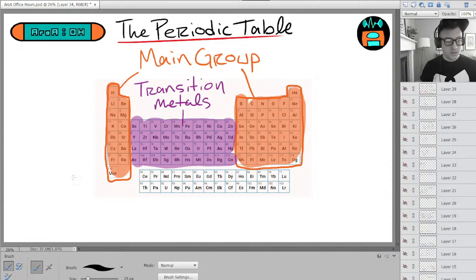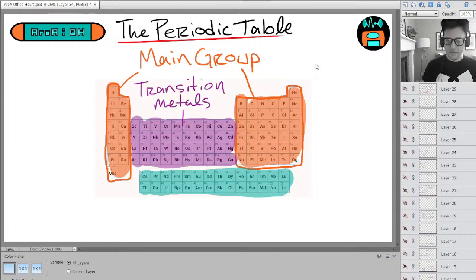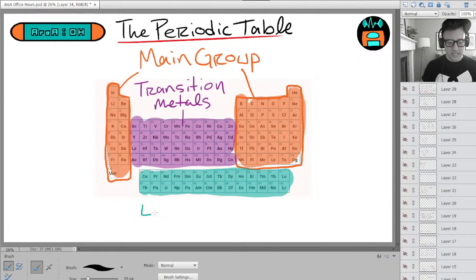Now, if you're wondering about that floating island beneath the periodic table, these elements right here are not transition metals. They are technically two groups of elements known as the lanthanides and actinides.